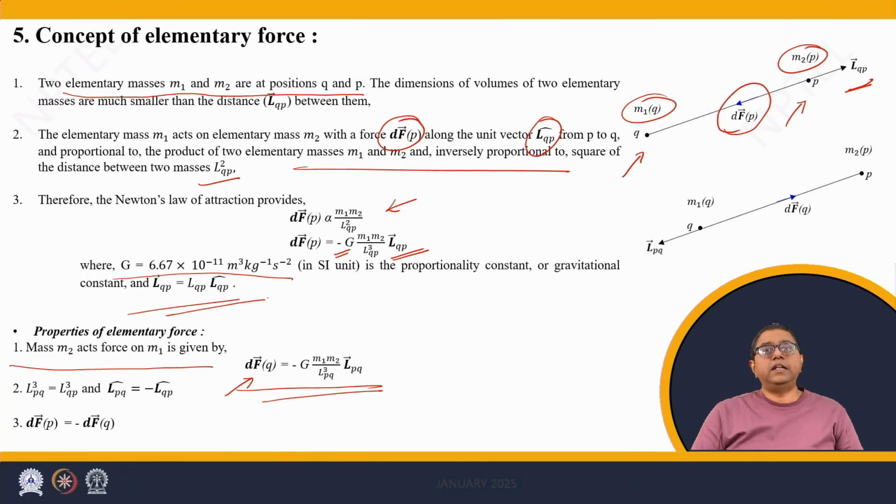lpq and lqp are magnitude-wise the same but directed antiparallelly. Hence, the forces are also antiparallel to each other. These forces represent the action of one elementary mass on another and vice versa.